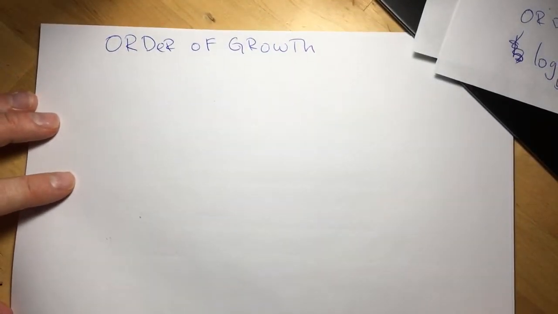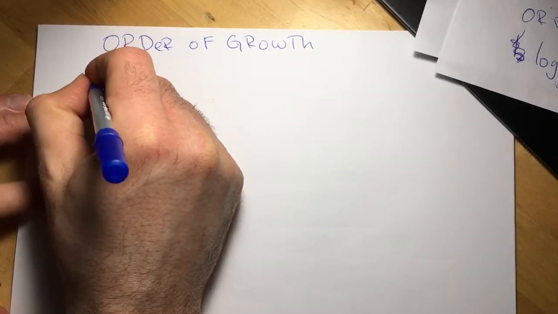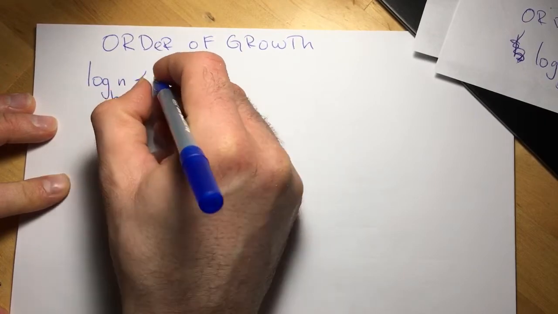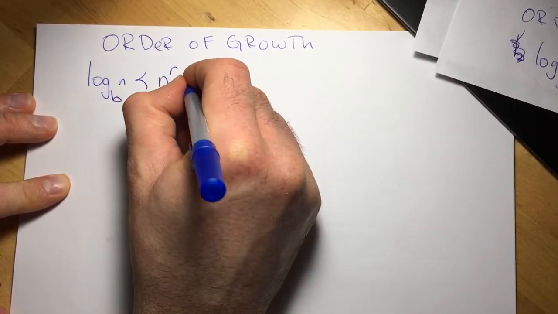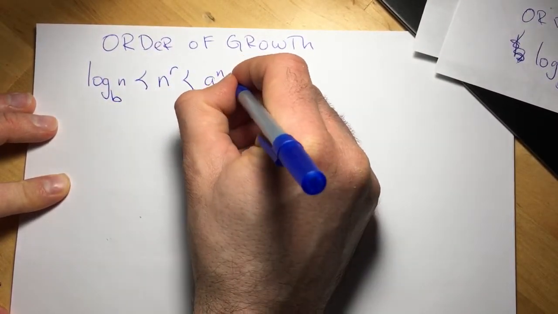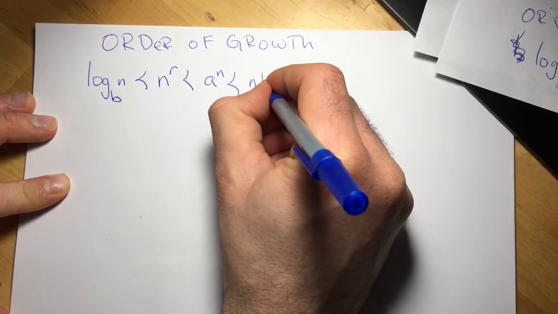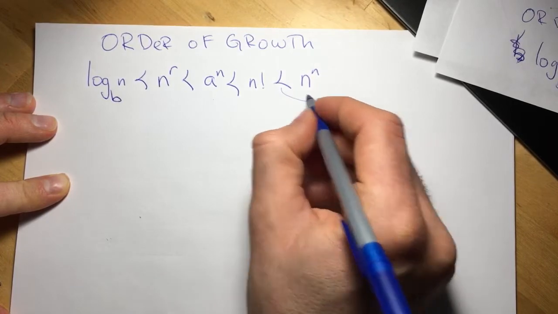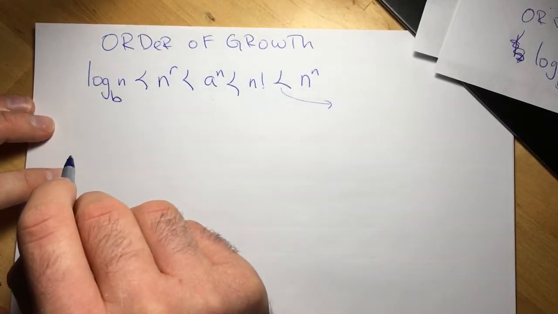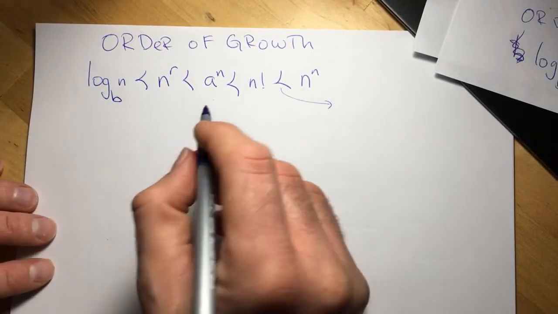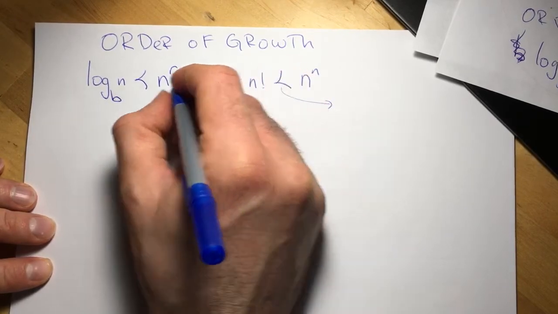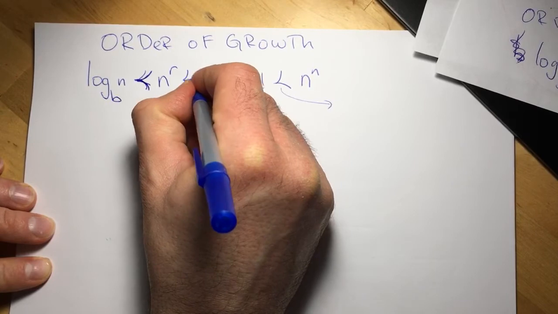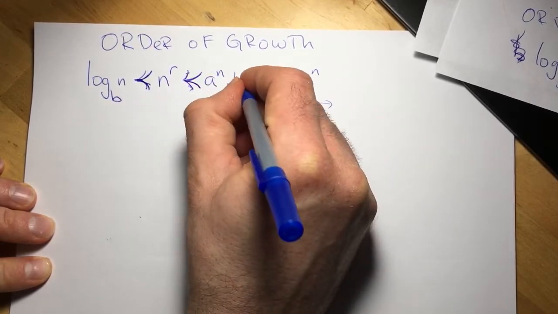Okay, and then we listed these sequences, and this symbol here means it approaches infinity with a quicker, faster rate. Maybe this symbol should be a little bit different, sorry about that.